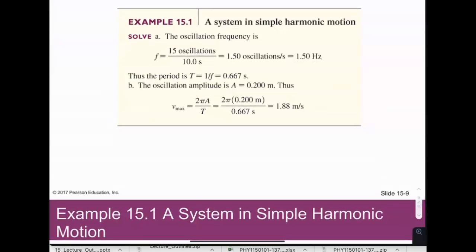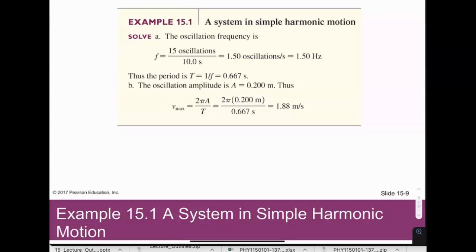To solve, we use the information given to us that the oscillation frequency is 15 oscillations in a time of 10.0 seconds. So that's 1.50 oscillations per second, or 1.50 hertz. Thus, the period is the reciprocal of that, which is 0.667 seconds.